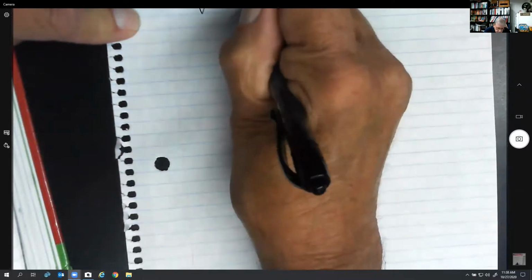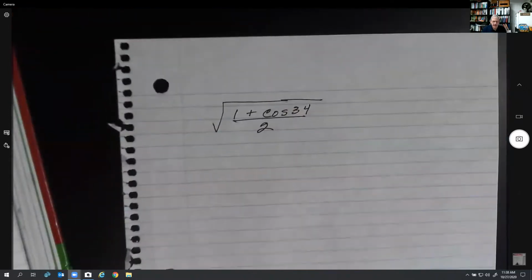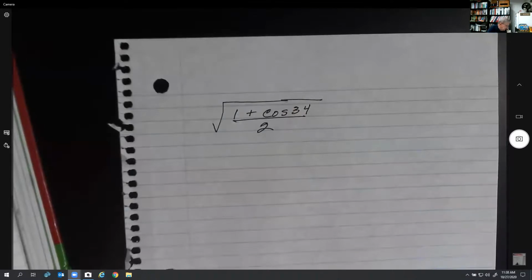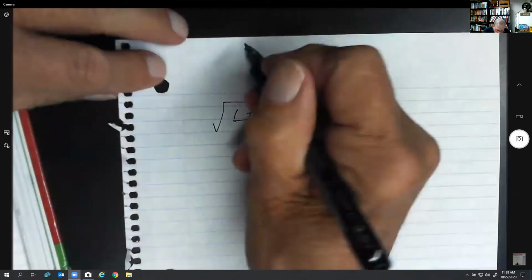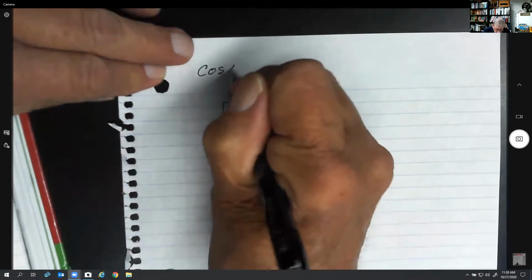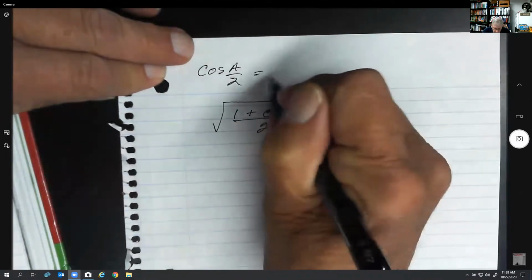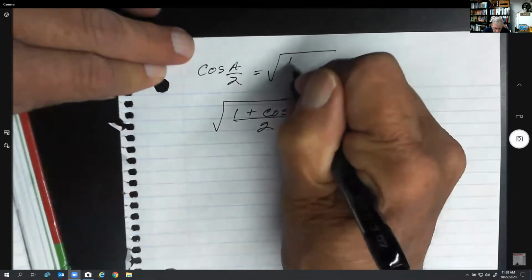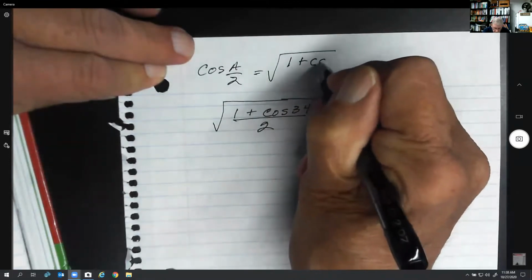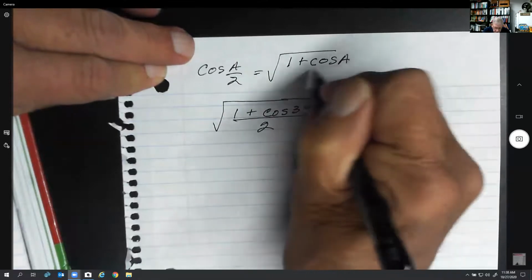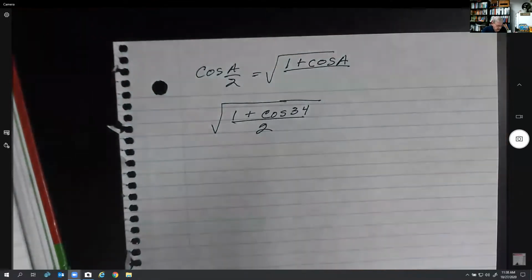They have a problem like this on your quiz. And the directions are: use the identity to write each expression as a single trig function. So we know the formula for cosine of A over 2 is equal to the square root of 1 plus the cosine of A, divided by 2.